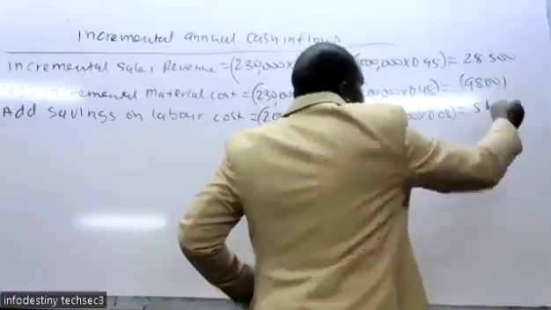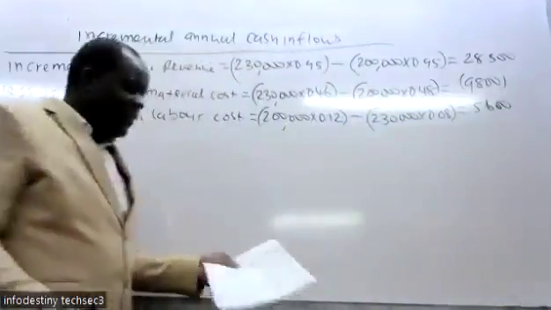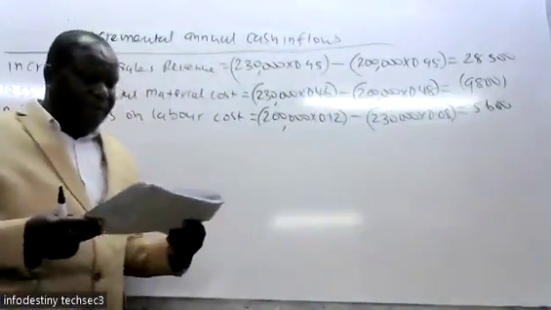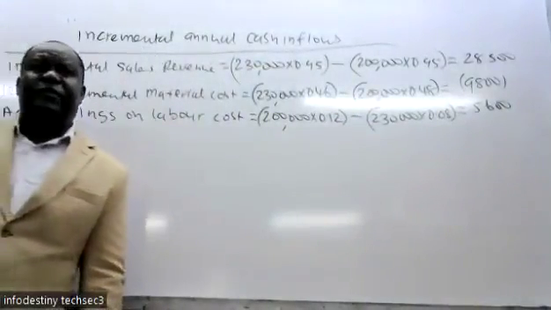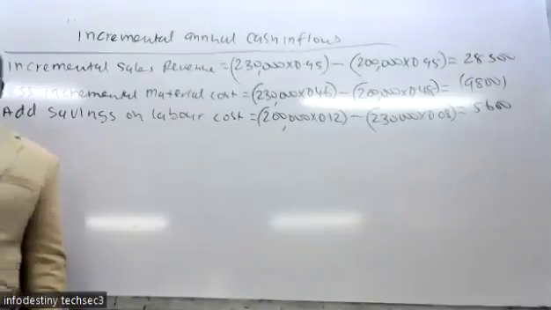So 56. The next one is supposed to be the fixed overhead. Also confirm whether it is a savings or incremental.